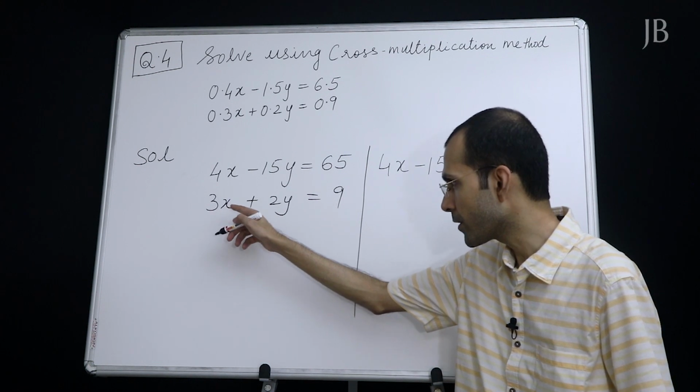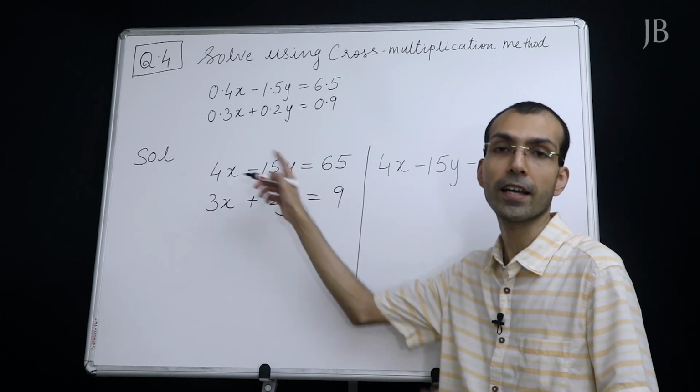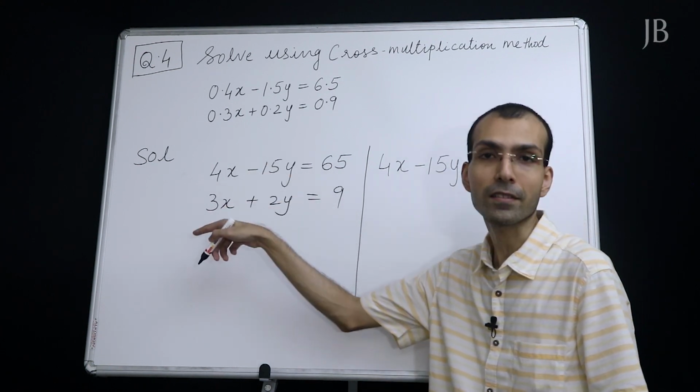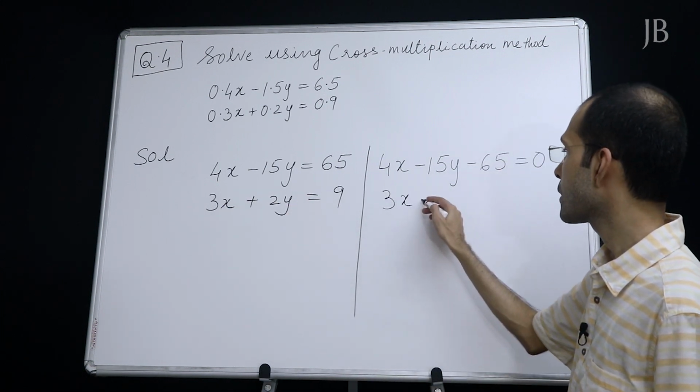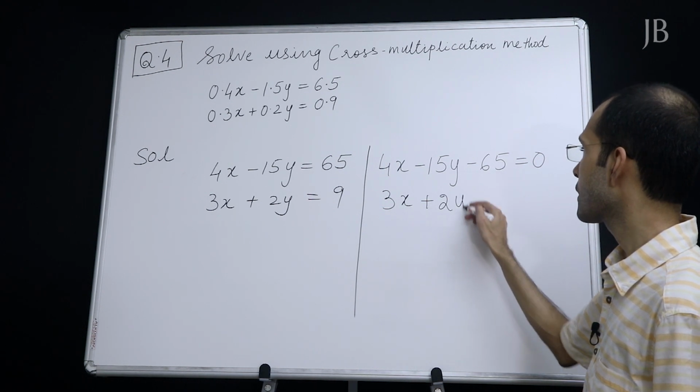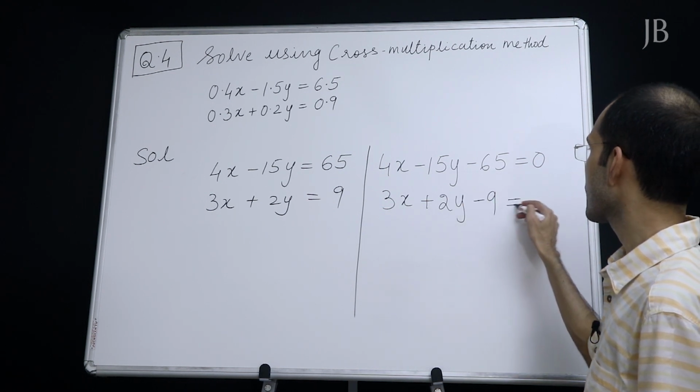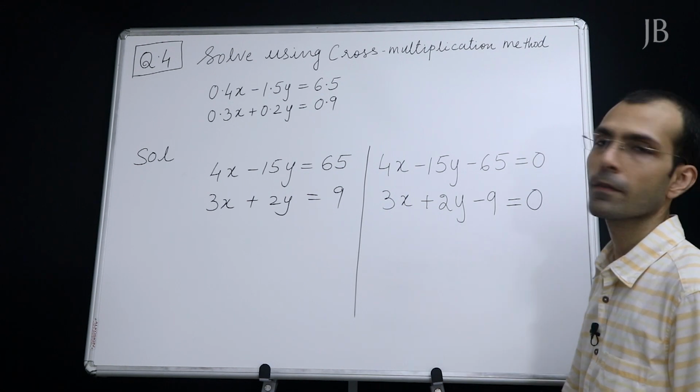First x is there, then y is there. In case y was first, then you put x first with the appropriate sign. 3x plus 2y minus 9 equals 0.